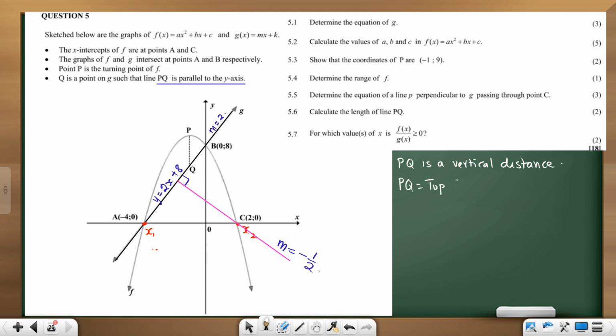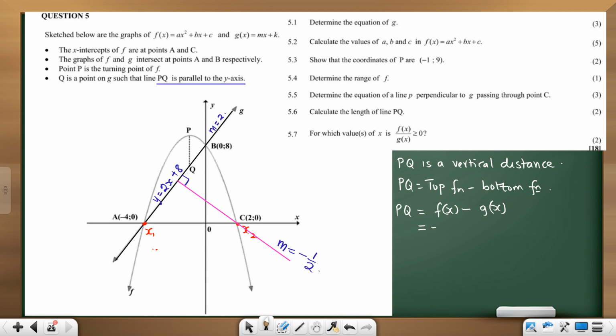Is top function minus bottom function. Which function is on top? It is the parabola. You see, at that point, PQ, P is the parabola, so it is f of x minus g of x.